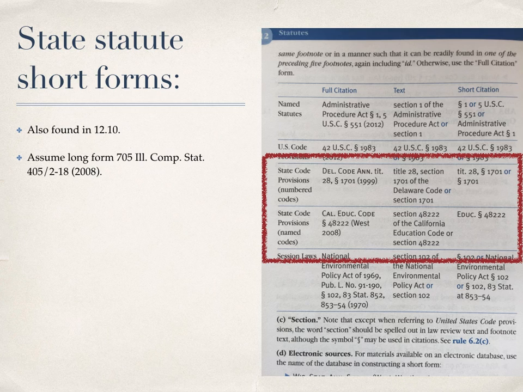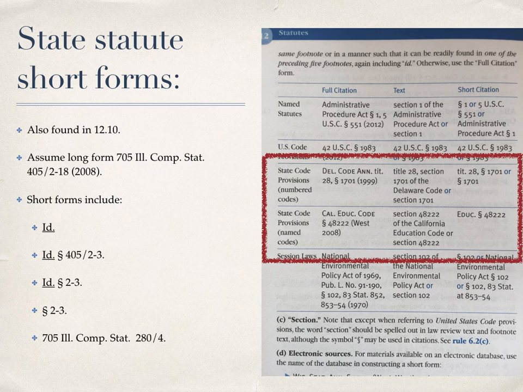Possible short forms after I put that long form in the first time, could include id, section 405/2-3, id section 2-3, simply section 2-3, or 705 Ill. Comp. Stat. 280/4. Now let me talk about where each of these would be used.